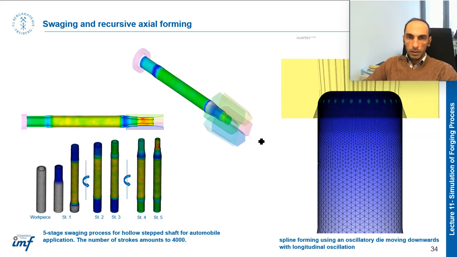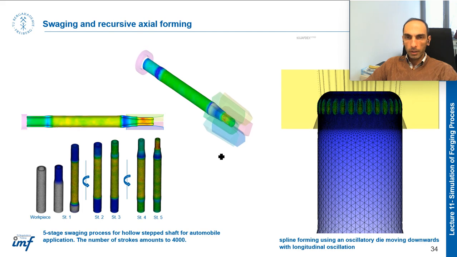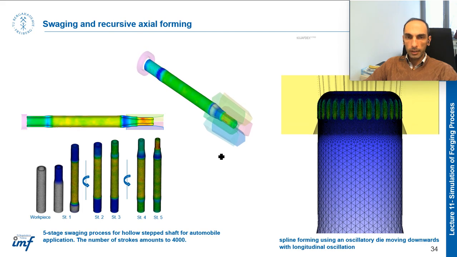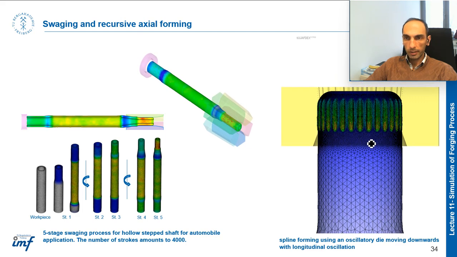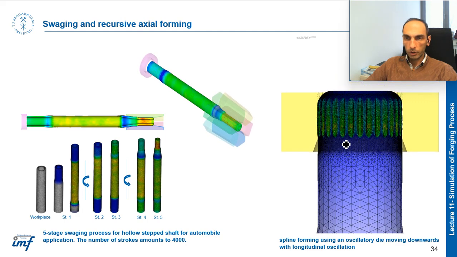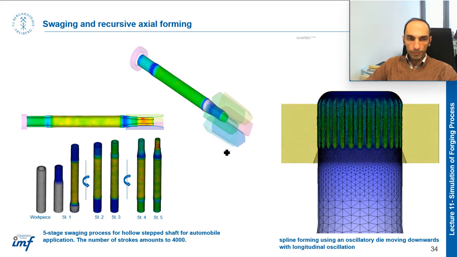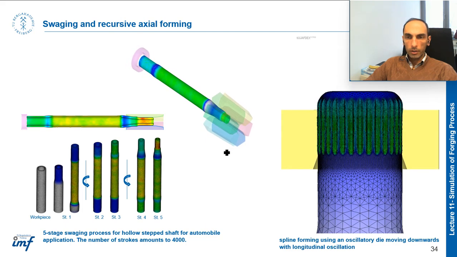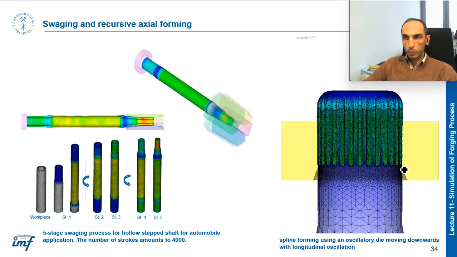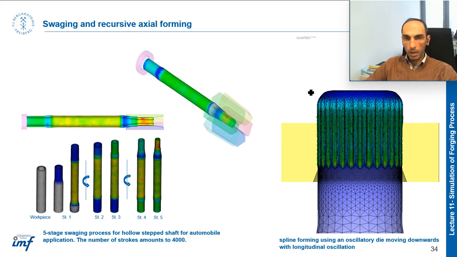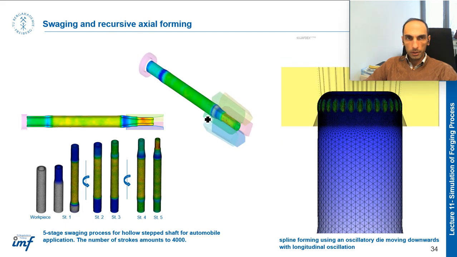And here the process is similar to swaging, but not as simple as swaging. You can see some details are reflected to the workpiece using the die, and you can see that the simulation is able to simulate such a complex and complicated process.